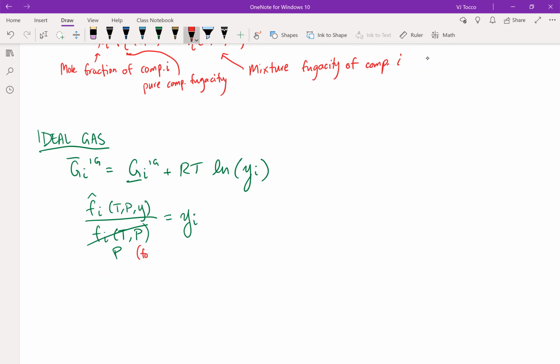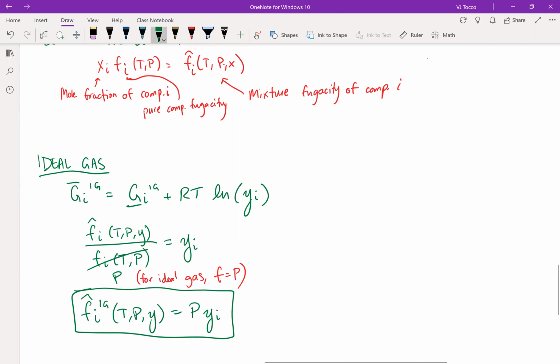So for ideal gas, F equals P. Remember, we did that before the break as well. And therefore, we can say that the mixture fugacity of component I for an ideal gas, function of TP and X, TP and Y, is equal to the pressure times the mole fraction.